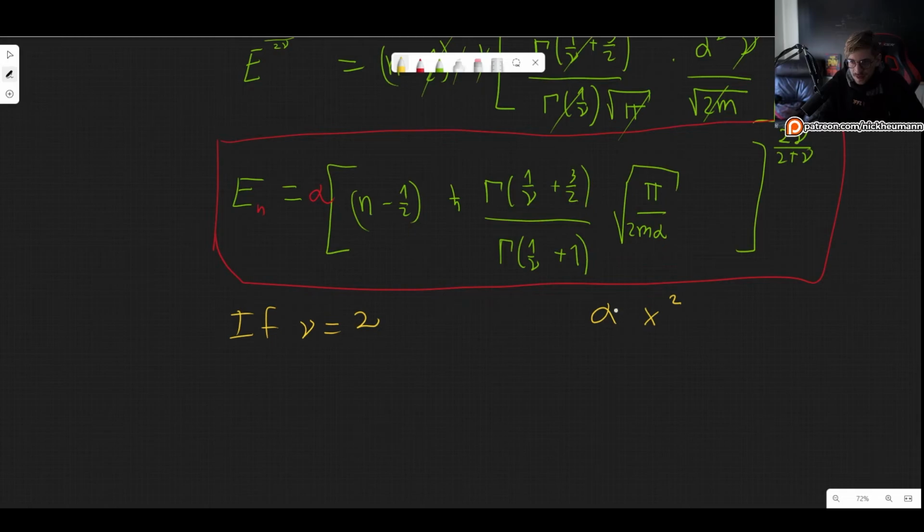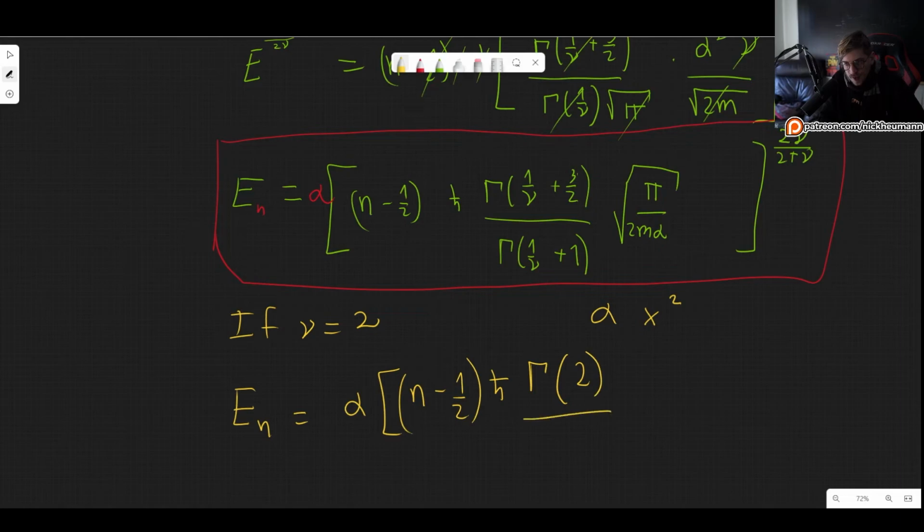It's going to be positive either way, but regardless, here we have E_n, this will be alpha to the n minus 1/2, and then we have h bar and gamma of 1/2 plus 3/2, which is 4/2, which is 2. And here we have 1/2 plus 1, which is 3/2.